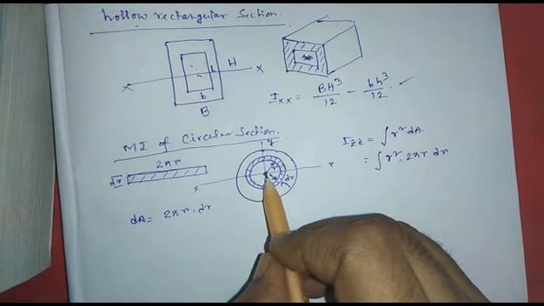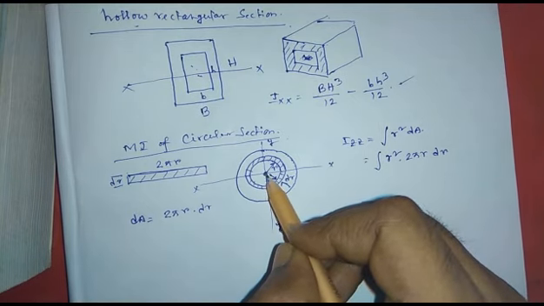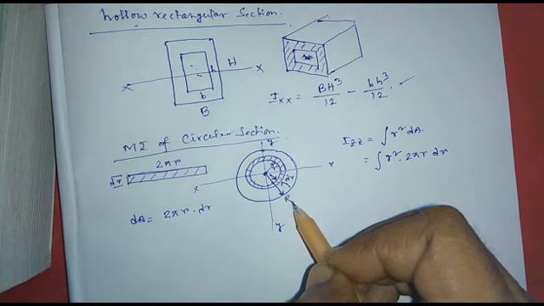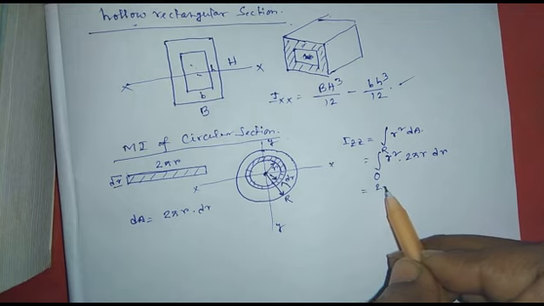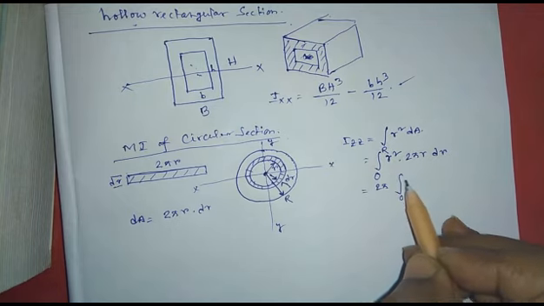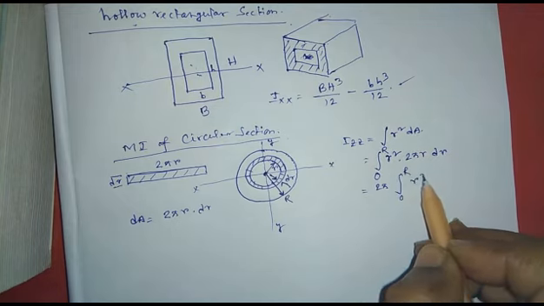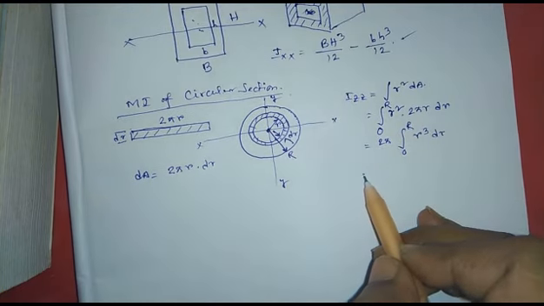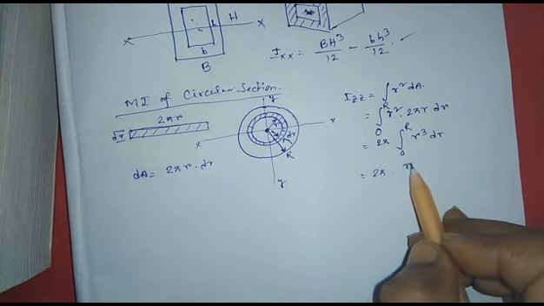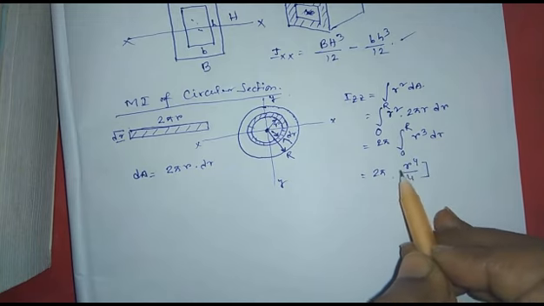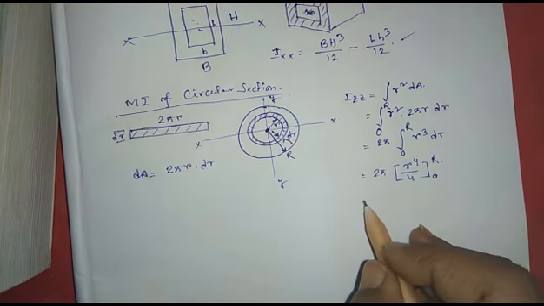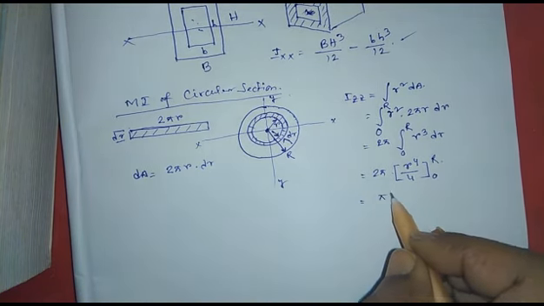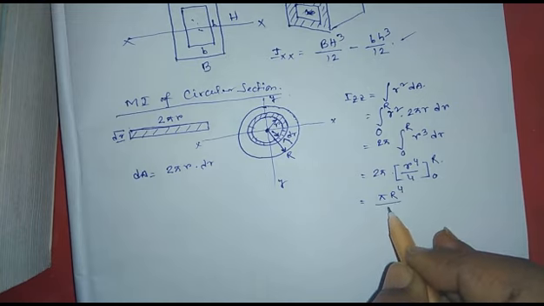The r is 0 here, and here say the radius of the outer circle is capital R. So the limit is 0 to R. So 2 pi comes outside, and we are left with the integration of r cube dr. So that is coming as r to the power 4 by 4, 0 to R. So we are getting pi R to the power 4 by 2.